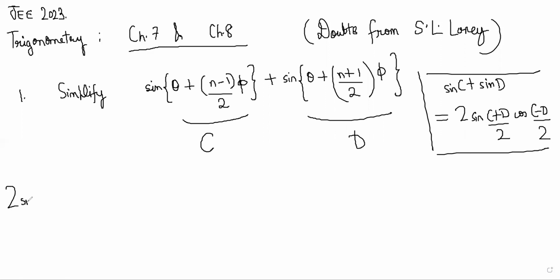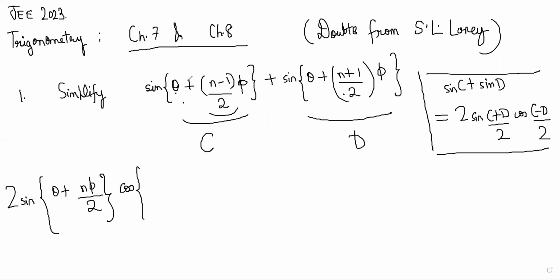So it will be 2 sine of this plus this by 2. Theta plus theta, 2 theta by 2, will be simply theta, plus this by 2. So n by 2 phi and n by 2 phi will add and it becomes n phi by 2, and this will cancel. Minus phi by 2 and phi by 2 will cancel. So this is the first part, and then cos of this minus this by 2.